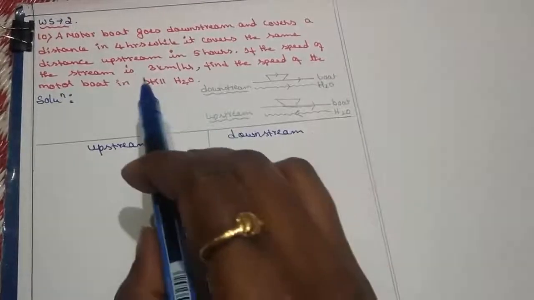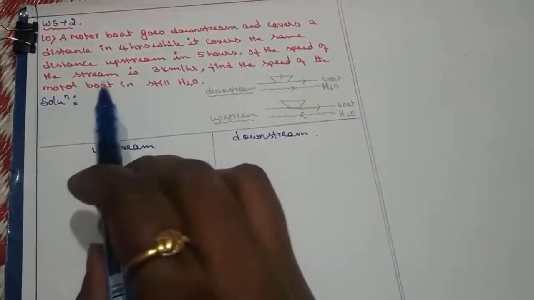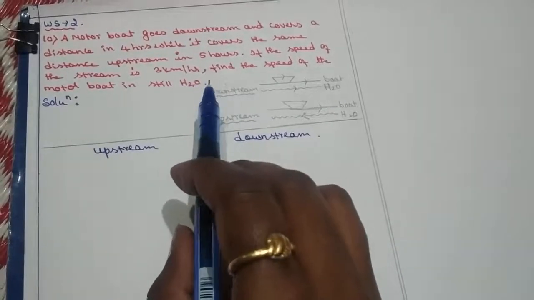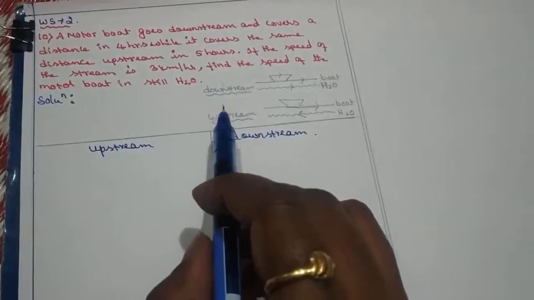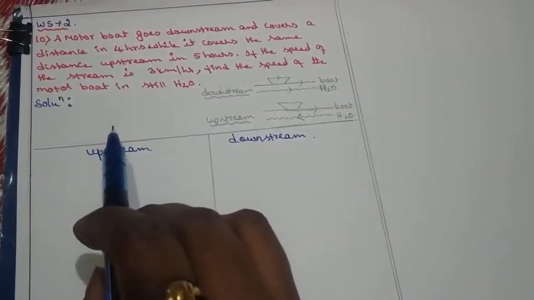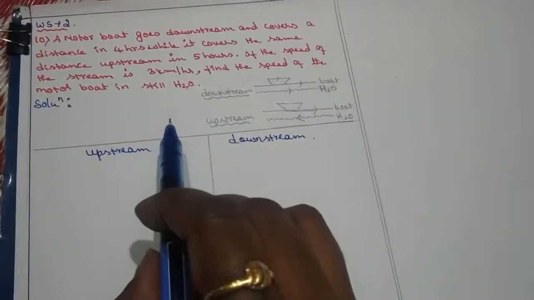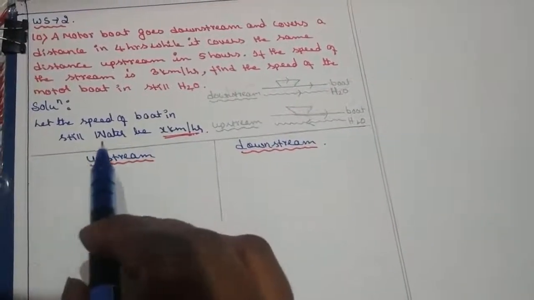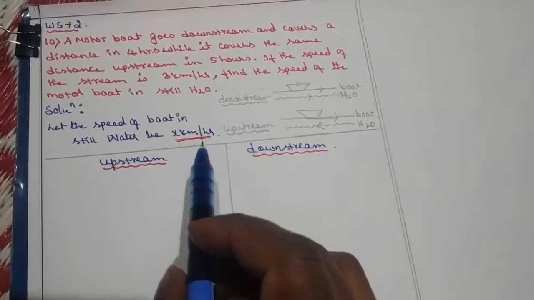So here in the question, the speed of the stream is given as 3 km per hour. Means we do not know the speed of the boat in still water. Therefore, let the speed of the boat in still water be x km per hour.